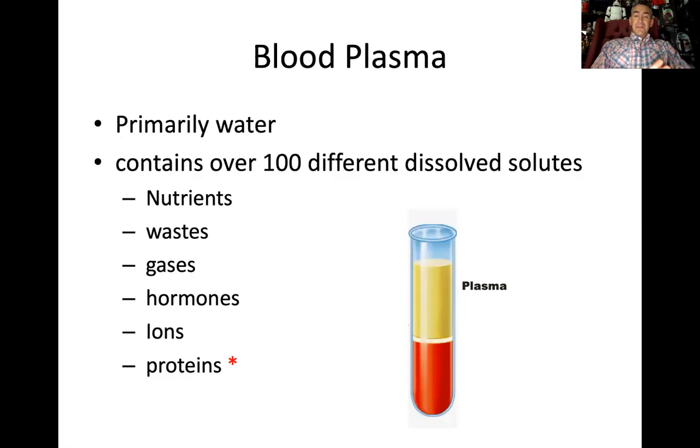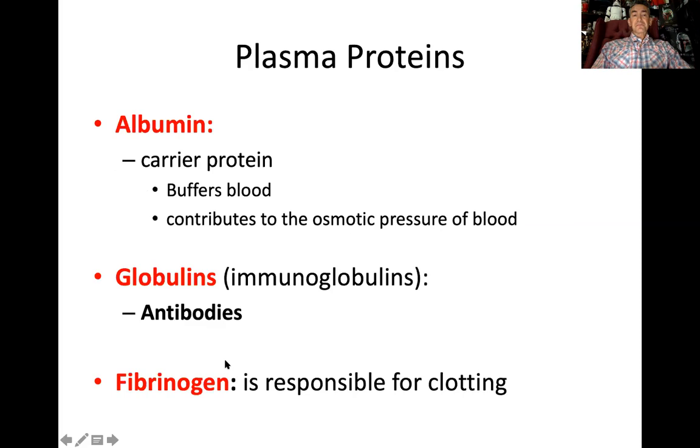So within the plasma, let's look at some of these proteins. These are significant. We have a couple of proteins that we're going to address again in other chapters. So the albumin, the carrier proteins, will be significant when we cover the respiratory system.